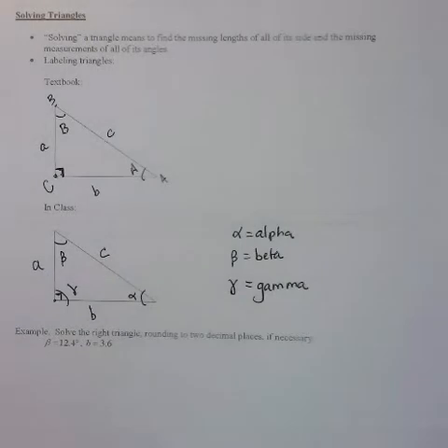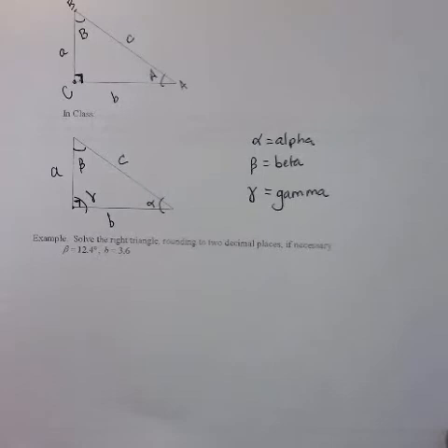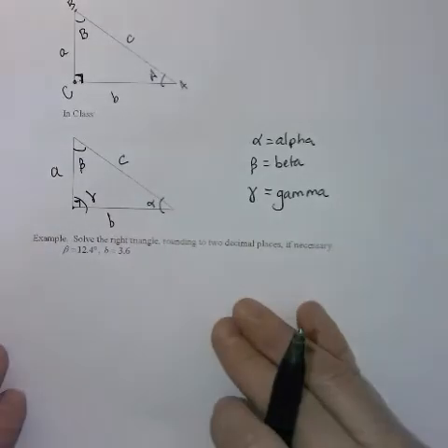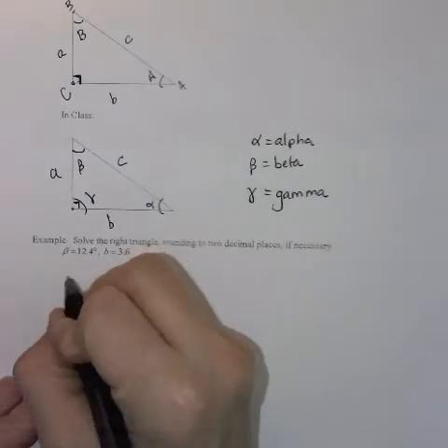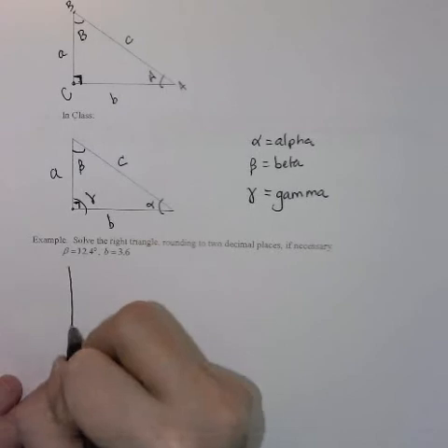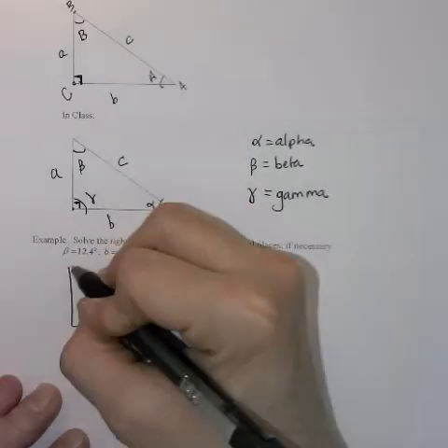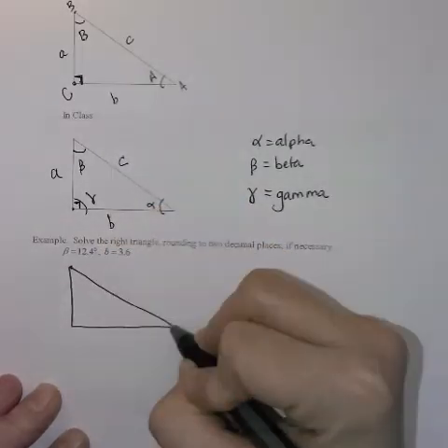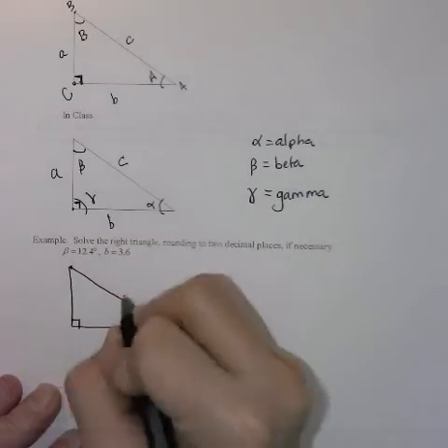So we're going to assume that angle C, or gamma, is our right angle. That's like C will be our hypotenuse. So in this problem, C is over here.